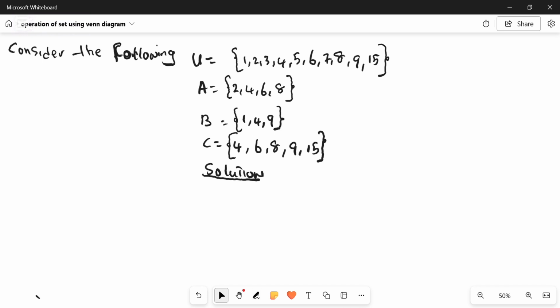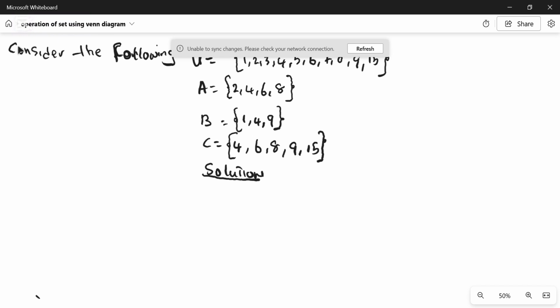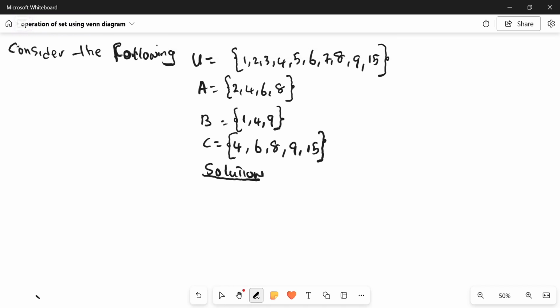Alright, so we're still dealing with operation of sets using Venn diagram. We're going to be drawing the Venn diagram of the universal set that has elements 1, 2, 3, 4, 5, 6, 7, 8, 9, and 15.